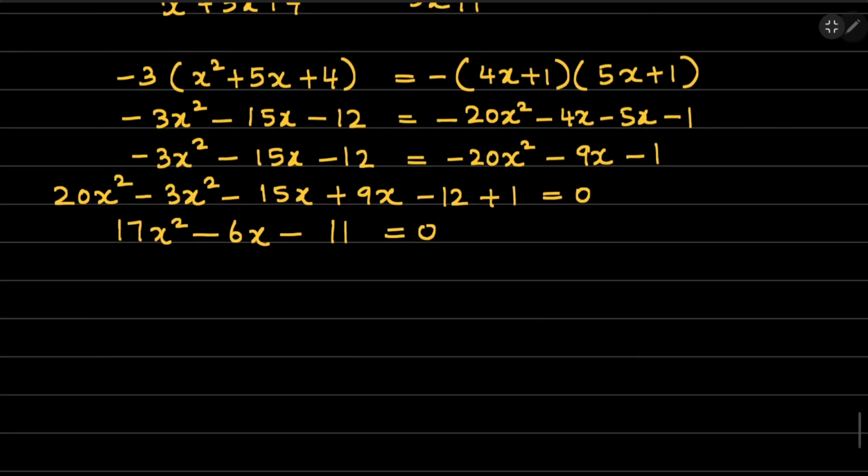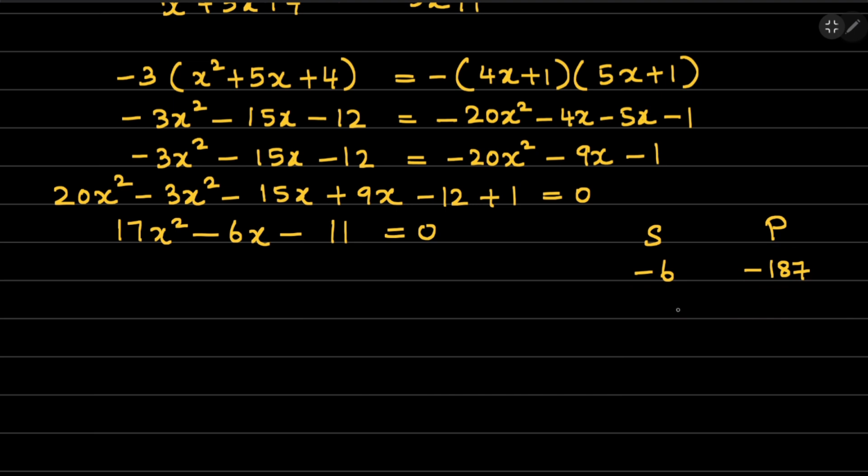Now using the factorization method, you have a sum and a product. Sum is b, which is minus 6. Product is nothing but 17 multiplied by minus 11, which is minus 187. Okay. Now if you take the two terms, right, you have to find two numbers whose sum is minus 6 and whose product is minus 187.